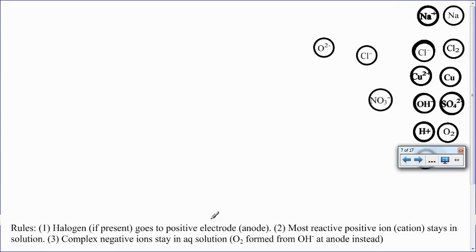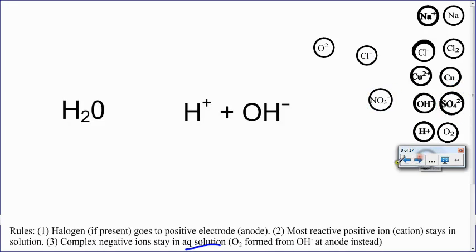Our third rule mentions complex negative ions, and complex just means an ion with more than 1 atom in. Chlorine here has only got 1 atom in, but nitrate has got 1 nitrogen, 3 oxygens, so we call the nitrate ion a complex ion, and also the sulfate ion we describe as being complex.